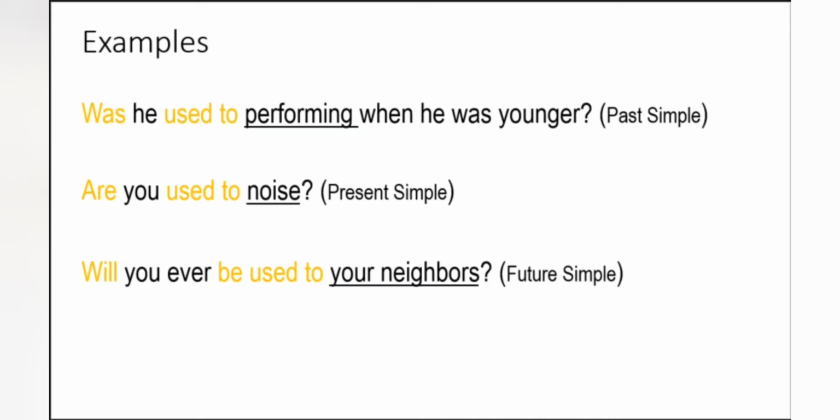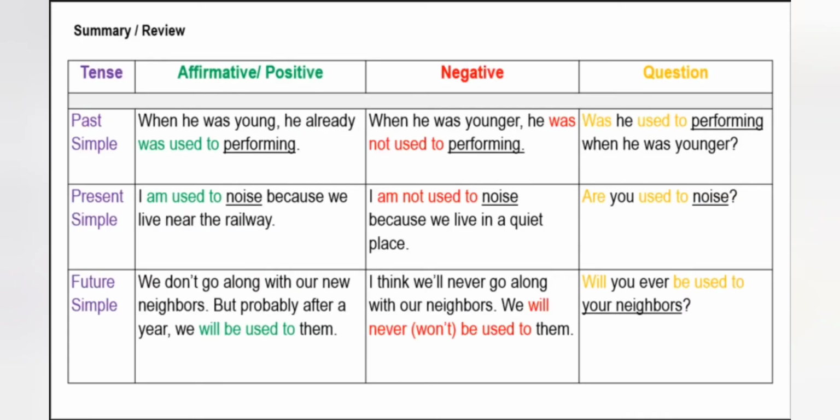Okay? To see it clearly and so you may compare it, I summarized it. It looks like what I gave earlier. These are the affirmative, negative, question. They were just put together here. You will notice the affirmative ones are positive: was, am, will be. But the negative has not: was not, am not, will never.